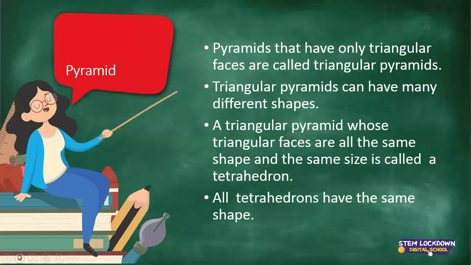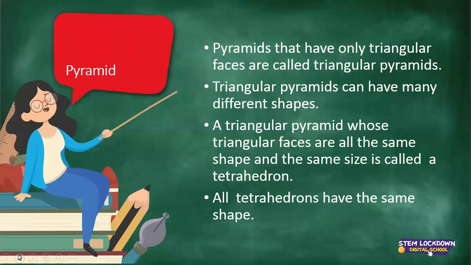A triangular pyramid whose triangular faces are all the same shape and the same size is called a tetrahedron. We did mention this earlier on in our previous slide, that if the faces of the pyramid are all the same shape and the same size, that particular pyramid is called a tetrahedron.